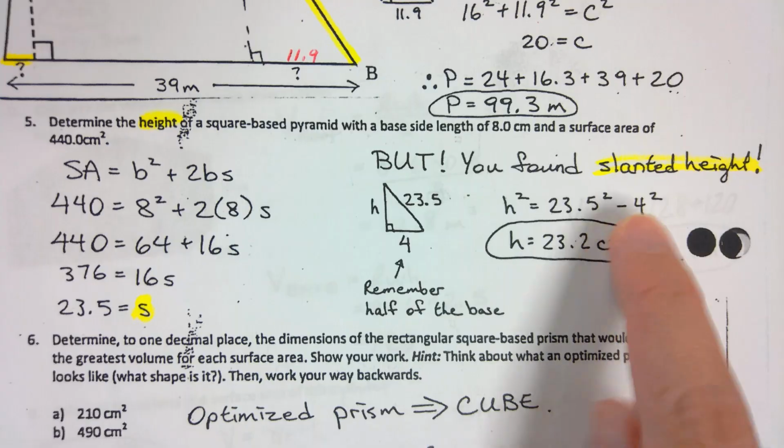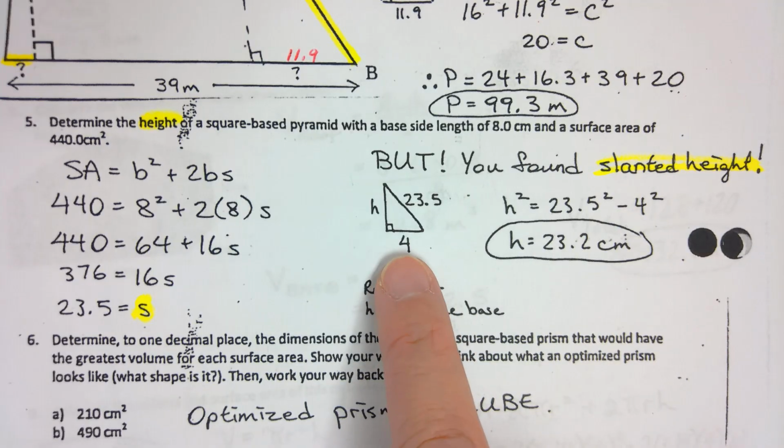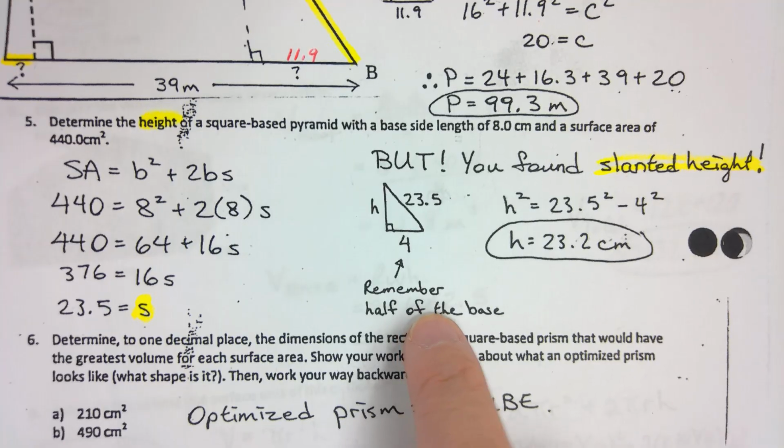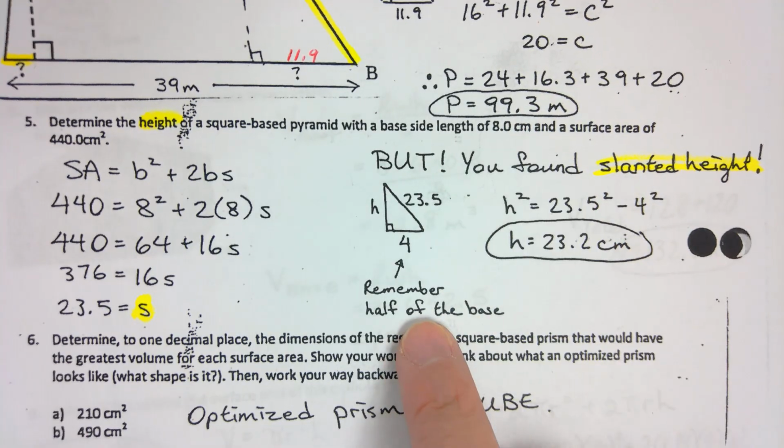Okay, where did this 4 come from? I don't see a 4 in anything in the question. Claire? Half of the length of the base side leg. Right. It's always, remember, it's half the base. If your base is 8 right here, that's why it's 4.